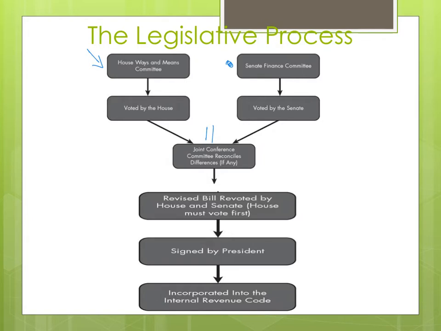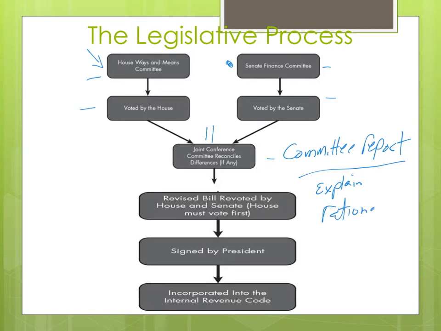frustrating. One of the things that is important to know is that at each step along the way, there is a committee report. All right? These committee reports are published and they explain the rationale behind the code.